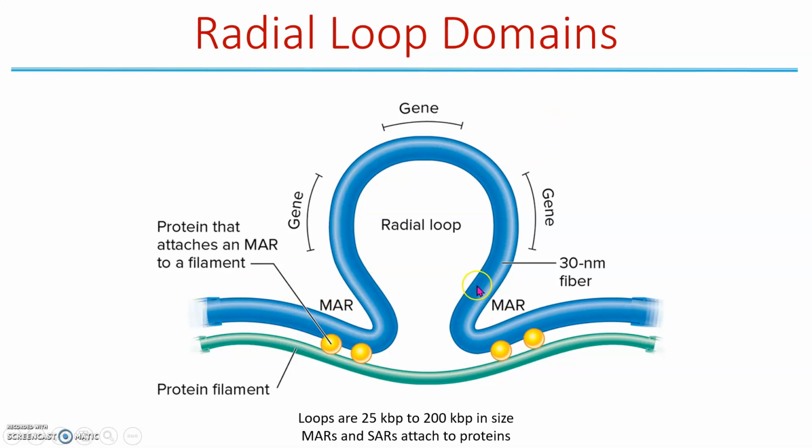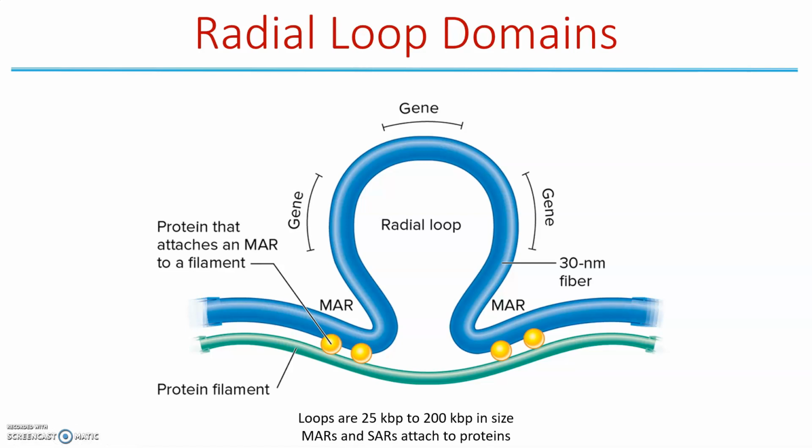If we zoom into what radial loops look like, this is going to be our 30 nanometer fiber, and we're going to make connections to the nuclear laminin. We do this by using these sequences called MARs, or also called SARs.